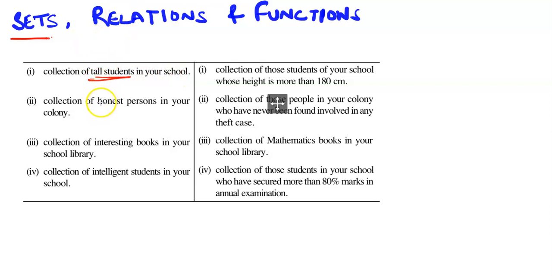There could be tall students, but you do not define what tall means. Is it greater than 6 feet, greater than 5 feet, greater than 5.5 feet? So it is not well defined. Hence, this is not a set. Whereas in the right-hand example, a collection of students of your school whose height is more than 180 centimeters is a well-defined set. So this is a set.